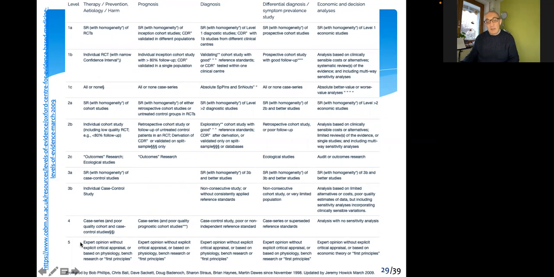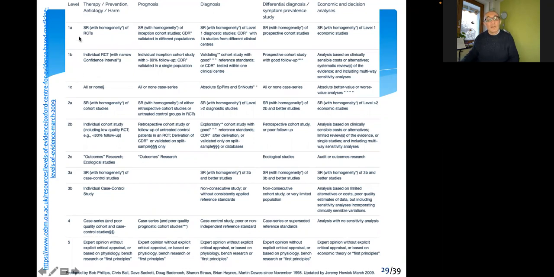I don't expect anybody to remember all the definitions here, but I believe it is very important that even as we categorize the importance of the different study designs, we also need to know that if you have a question to answer, you collect the medical literature, you make a review, you come up with a conclusion.